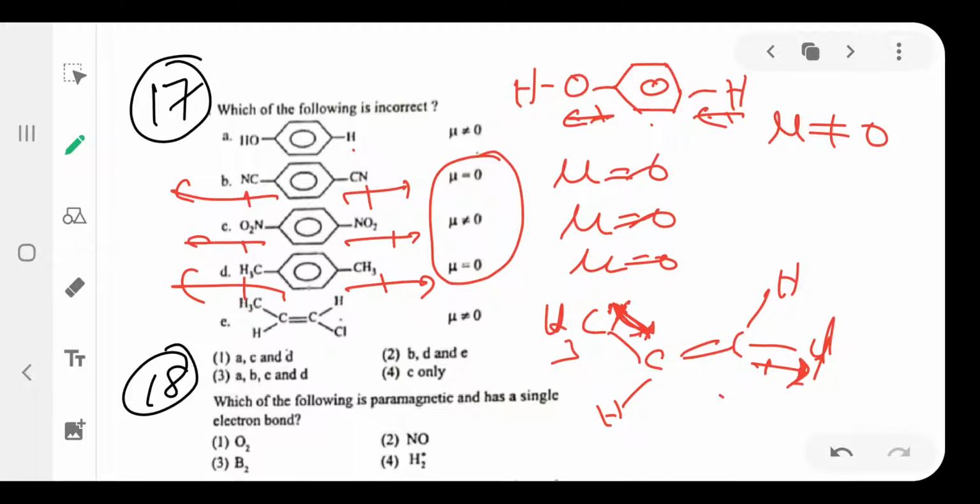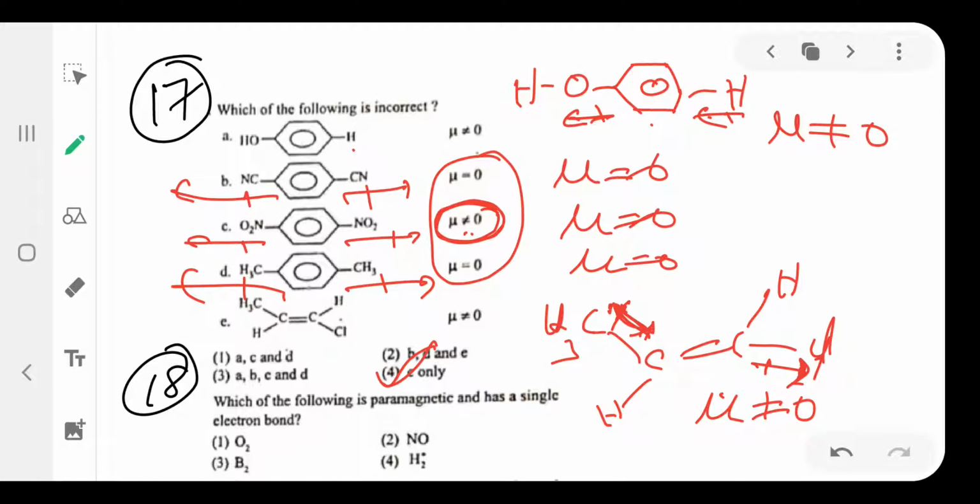So the dipole moment here is also more, it is also not equal to 0. So these three have dipole moment 0, these two are not equal to 0. But the question says the dipole moment is not equal to 0, and that is wrong. Incorrect is C. Option C only is incorrect.